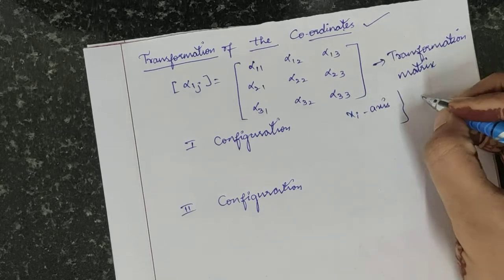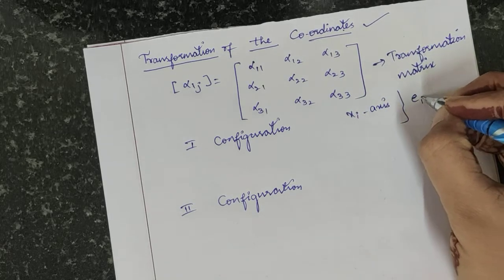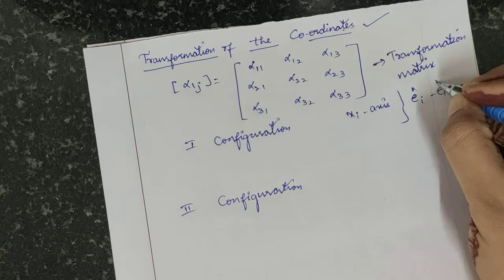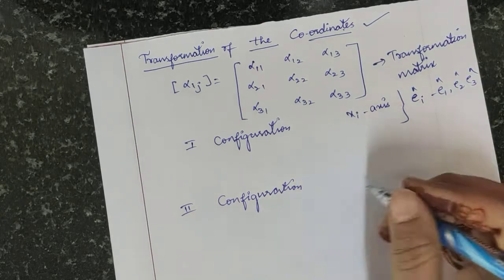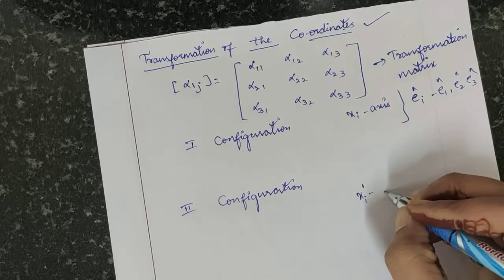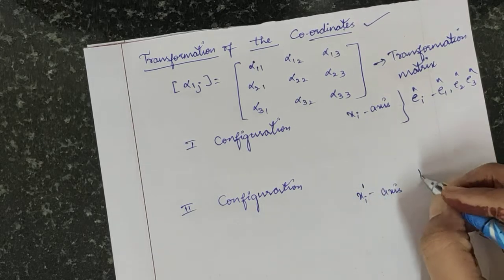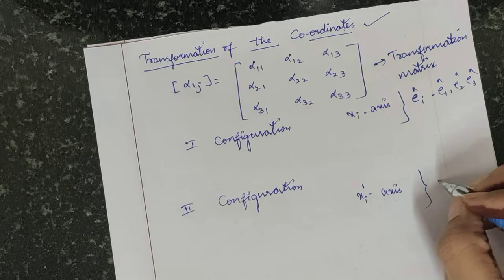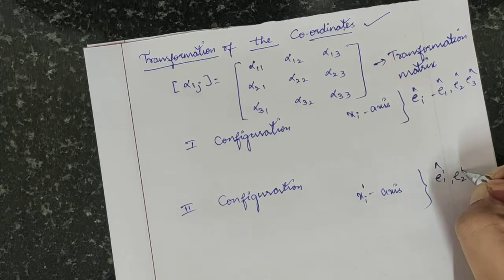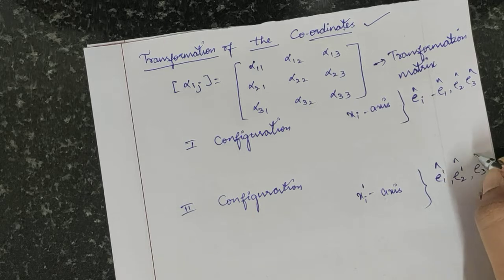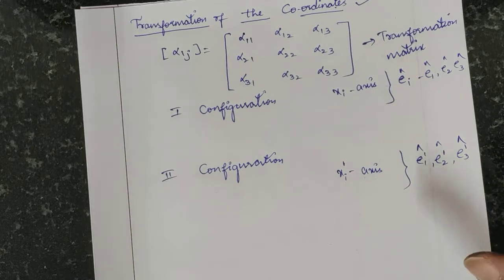Here the basis vectors were ei cap, that is e1 cap, e2 cap, e3 cap. And the second configuration was with respect to the xi prime axis. Here the basis vectors were e1 prime cap, e2 prime cap and e3 prime cap, right? This was what we discussed in the previous session.